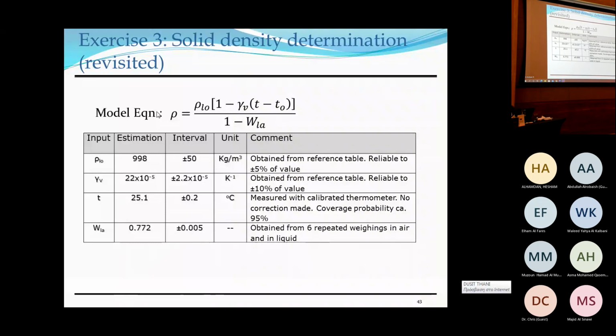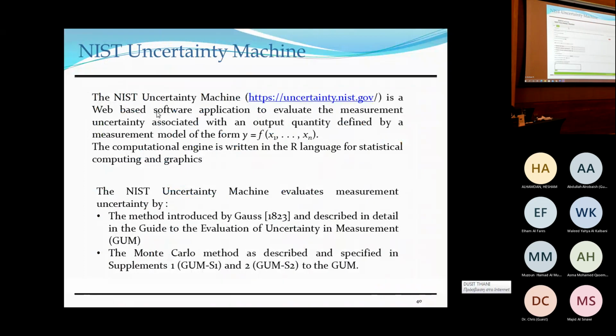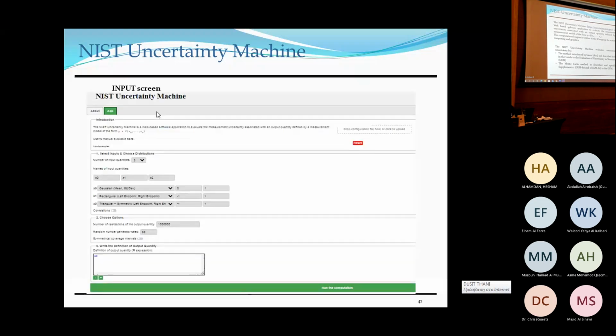So again, in order for you to reach the NIST site where this uncertainty machine is, it's the site uncertainty.nist.gov. And you should get the screen.